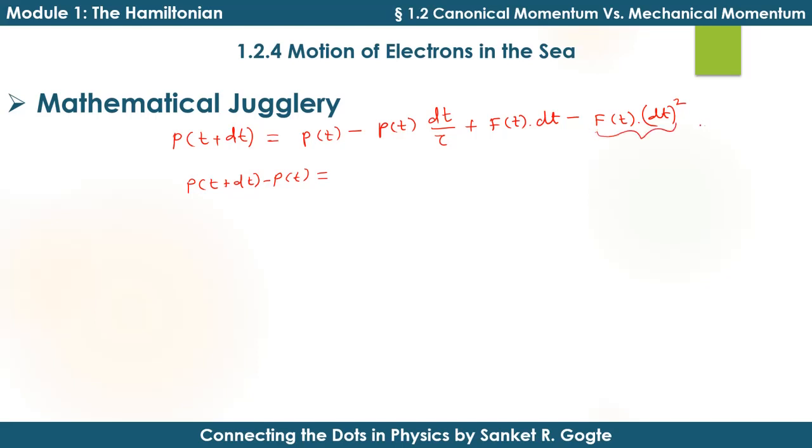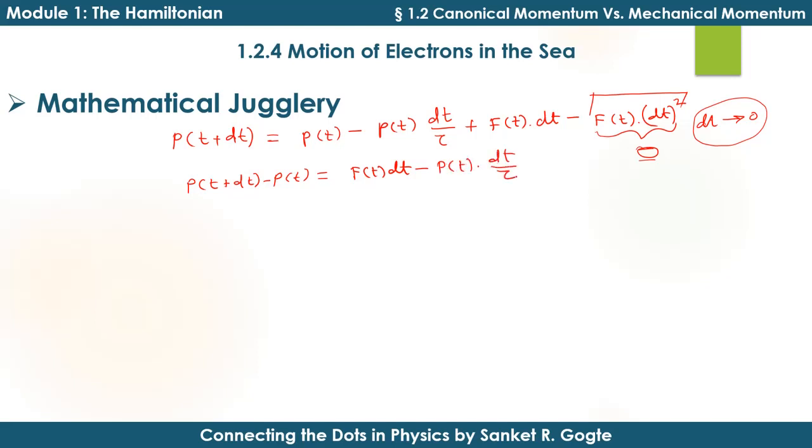If I say that dt is tending to 0, it is an infinitesimally small quantity, then I can approximately say that this is equal to 0. And when this is equal to 0, approximately, with this error of course, we can write P of t plus dt minus P of t as f of t dt minus P of t into dt by tau.